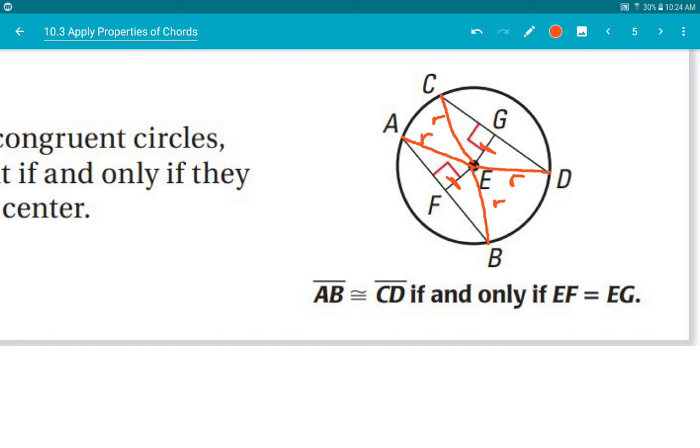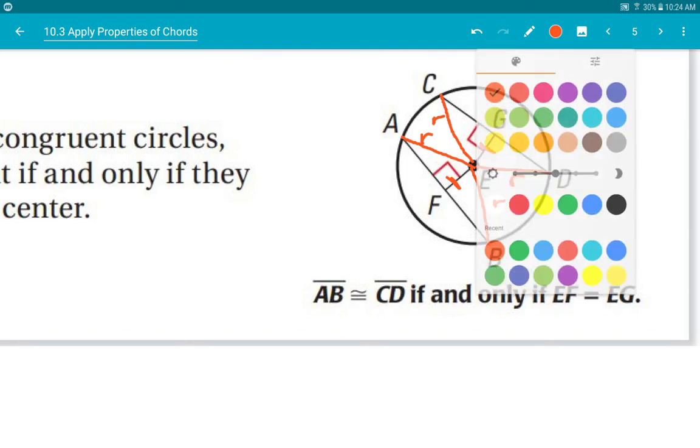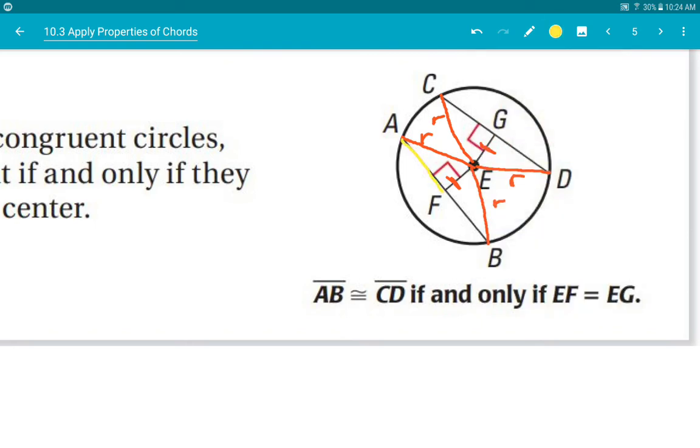So if I have hypotenuse and leg in a right triangle, that means that this right triangle is congruent to this right triangle. And since these are just isosceles, then these are also congruent as well. So all four of these right triangles are congruent. So if all four right triangles are congruent, then I know that this chord is congruent to this chord, right?